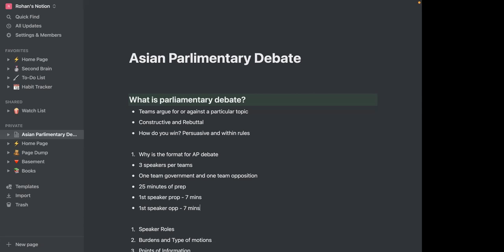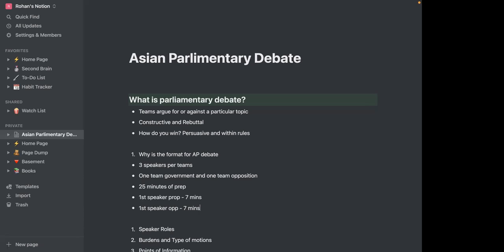But number two, the first speaker of opposition also provides rebuttal. If you go back to 15 minutes before, I talked about rebuttal in terms of proving why the other team's argumentation is bad. So in this case, the first speaker of opposition will talk to you about why the first speaker of proposition's argumentation was bad, or what was flawed within that argumentation, or why it might be untrue. So that is called rebuttal.